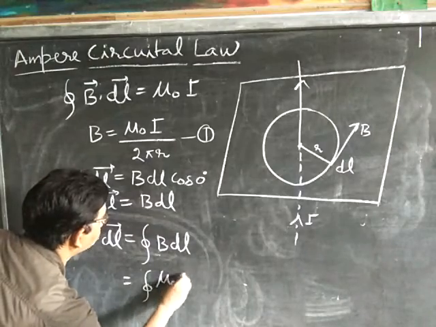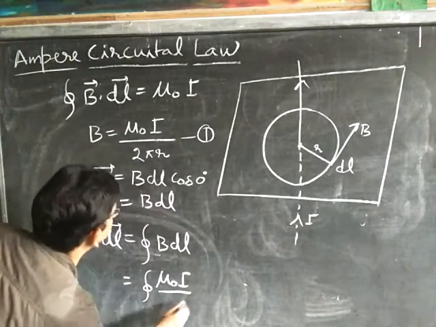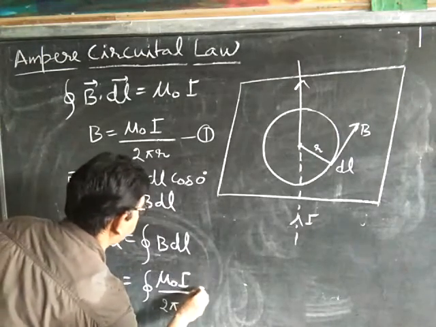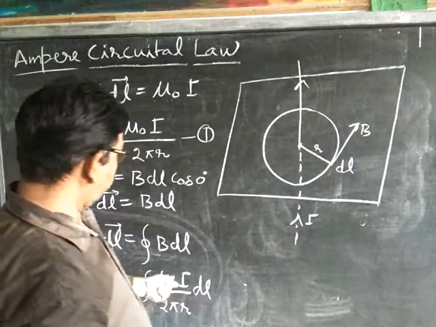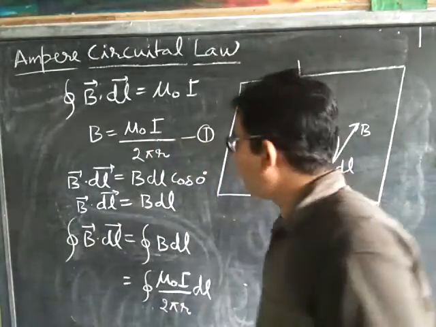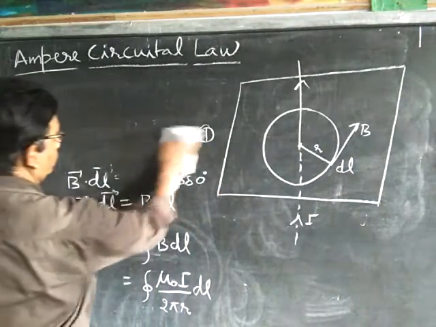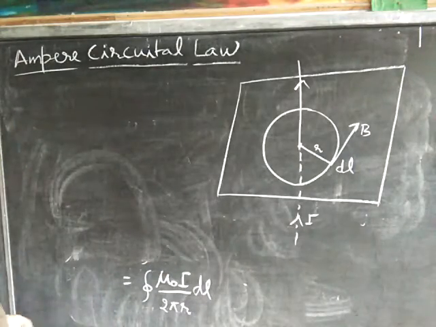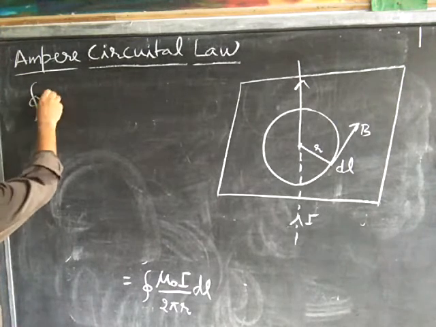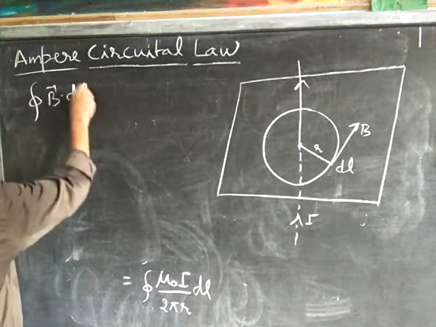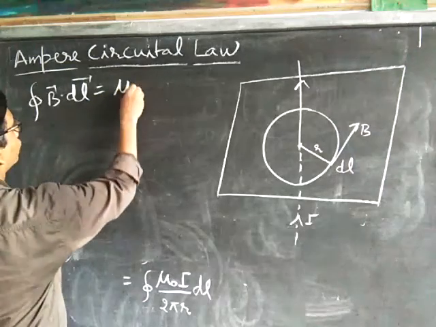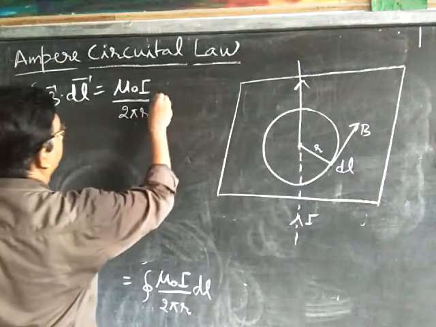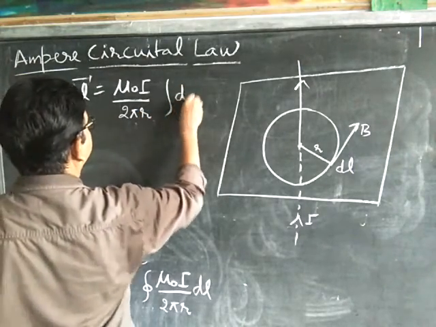We take mu 0 I upon 2 pi r out, so B dot dl is equal to mu 0 I upon 2 pi r times the integration of dl.